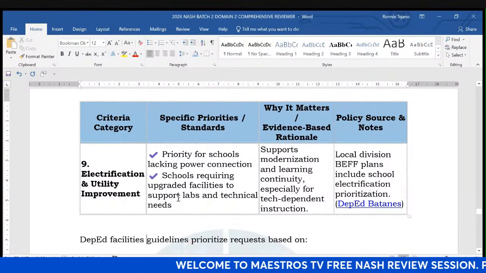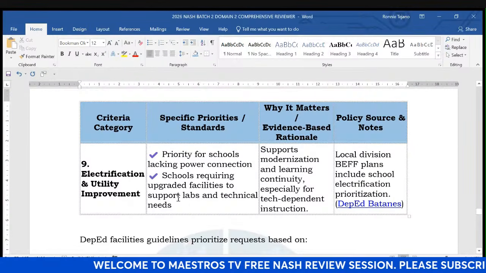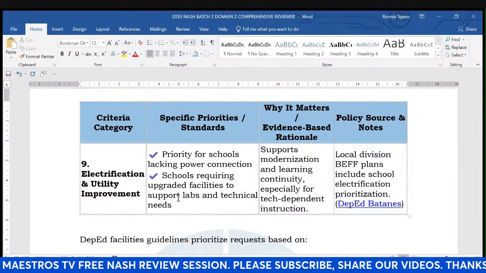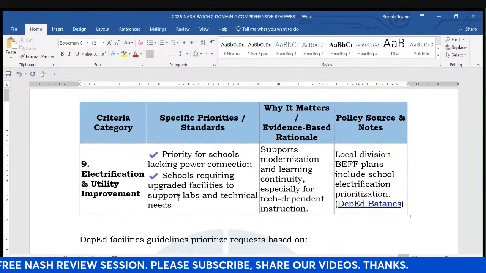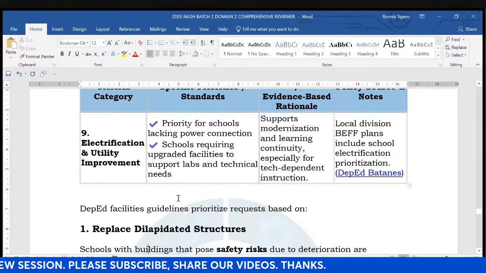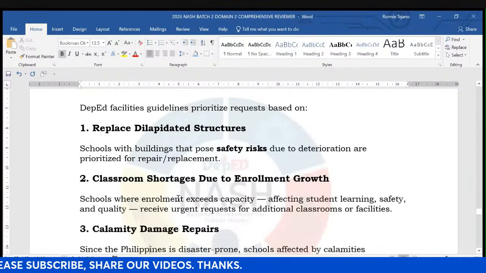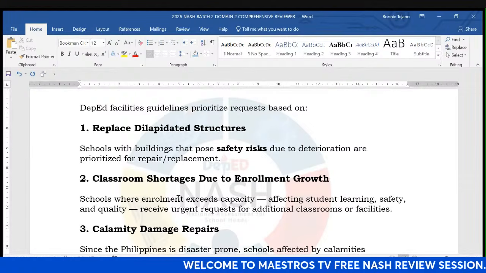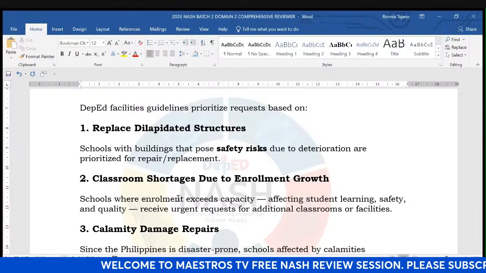For electrification, the priority is those with lacking connections on the grid, no? Schools requiring upgraded facilities. Baka ilang taon na yung mga wires ninyo tapos di pa kayo nag-rewiring. Delikado yun, ha? Ilang taon na. Baka wala ka pa noon na estudyante, yun pa rin yung mga wires na ginagamit nyo.